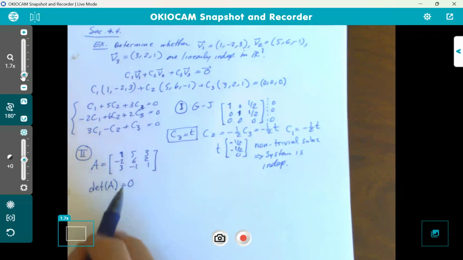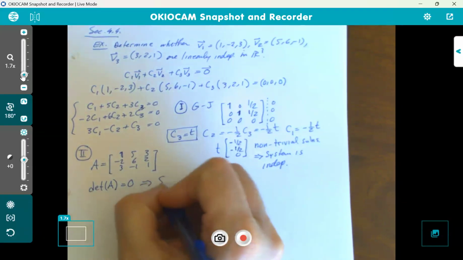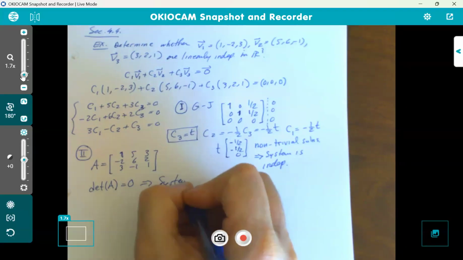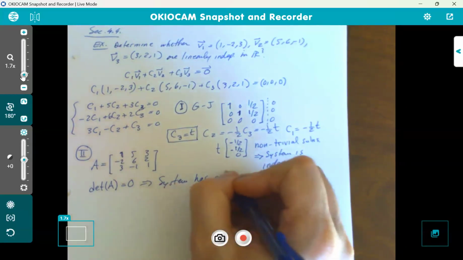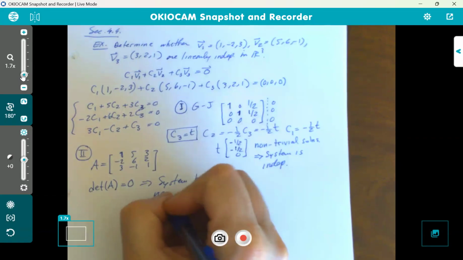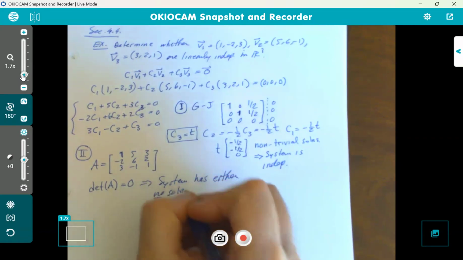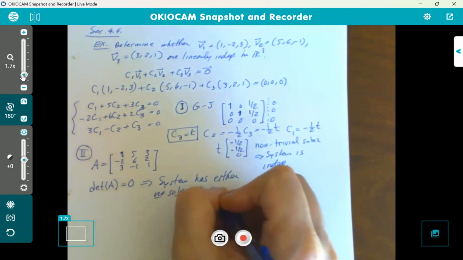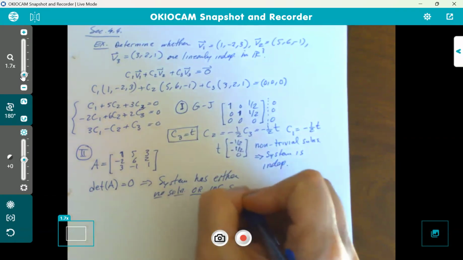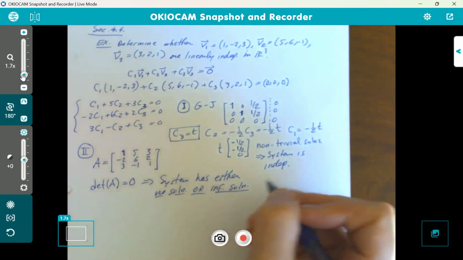So if the determinant is 0, that means the system has either no solution or infinitely many solutions, right? That's what the determinant being 0 would imply.